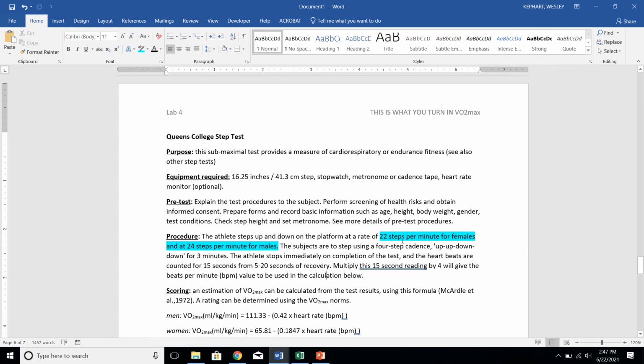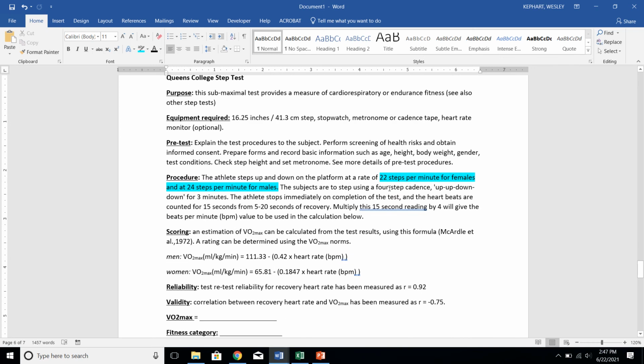So the metronome will be set at 22 beats per minute for a female and 24 beats per minute for a male. And remember, to get that cadence, you just multiply that number by 4, and that's going to give us the up, up, down, down, which I believe is 88 and 96?